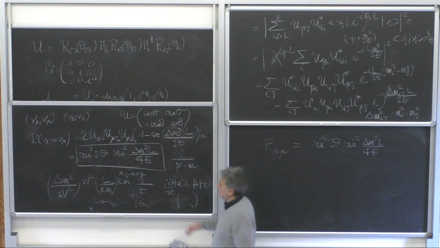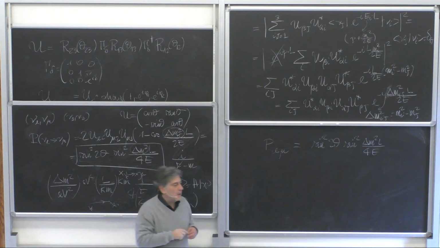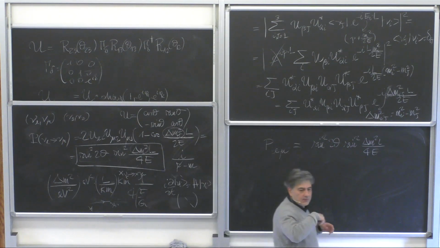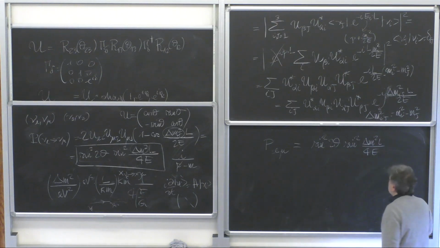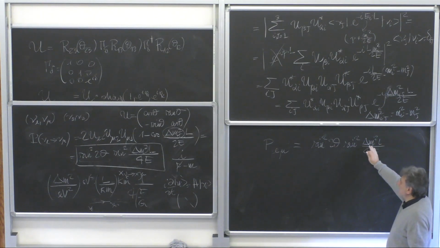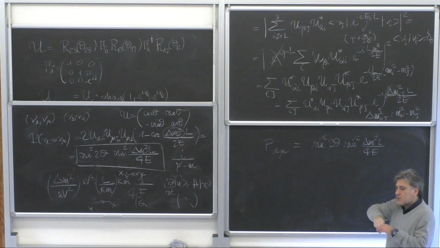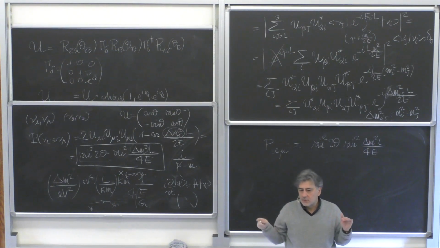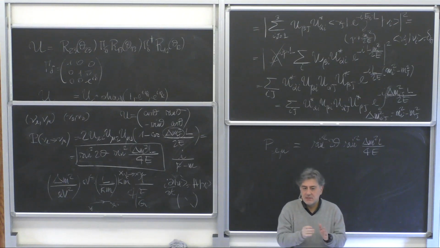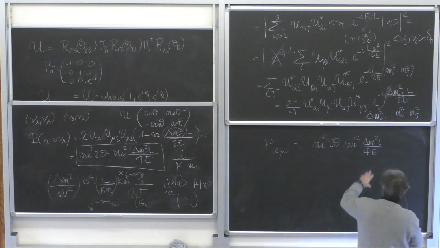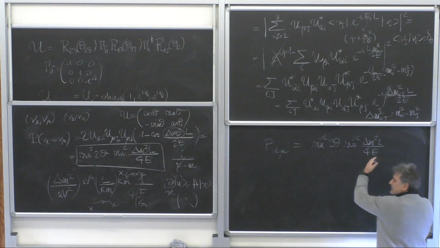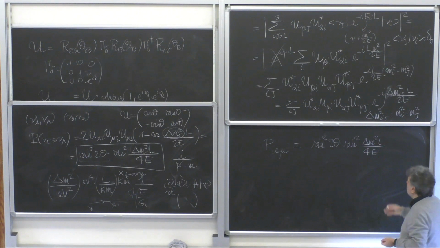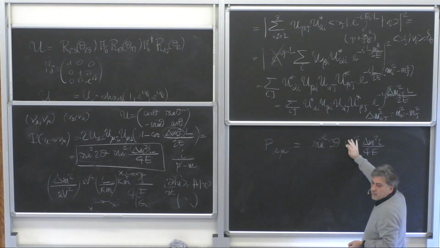For instance, if you have many cycles, this will give an average. For instance, if you are measuring neutrinos with a given spectrum at a fixed distance, and this phase is large, this will give 1/2.